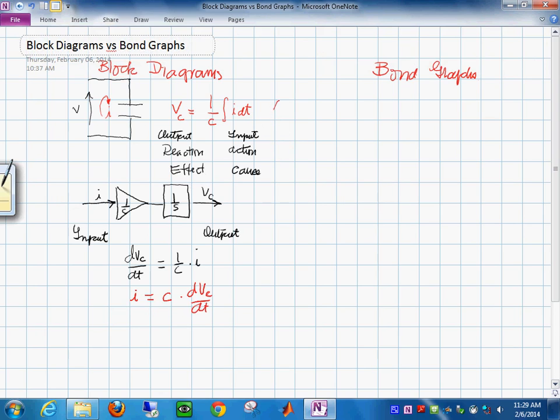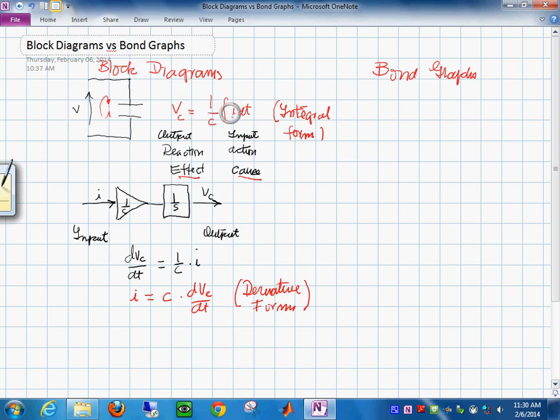One conclusion already. This is obviously an integral form. And this is a derivative form. Okay. Remember this word, cause and effect.